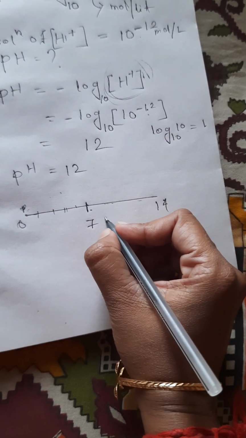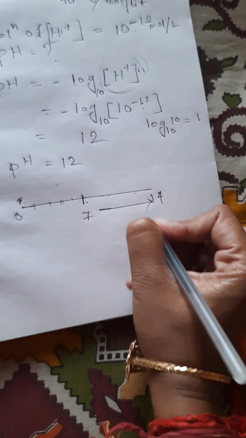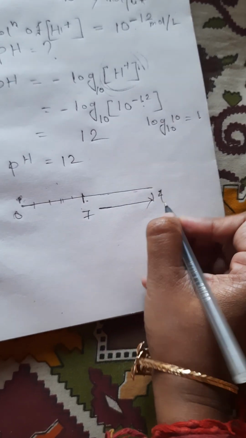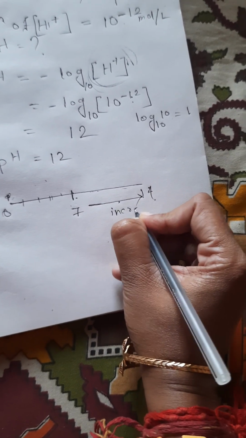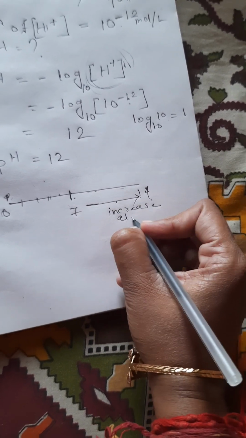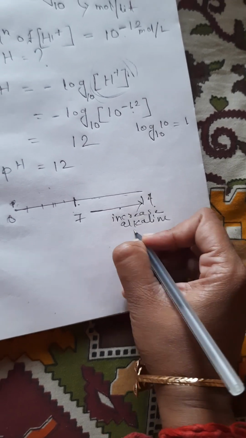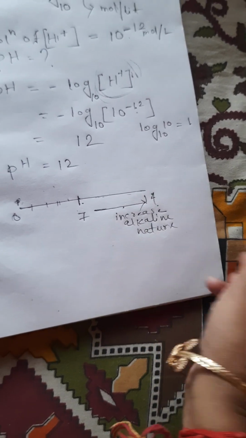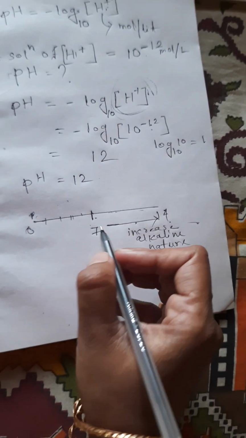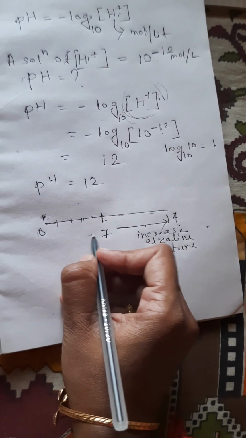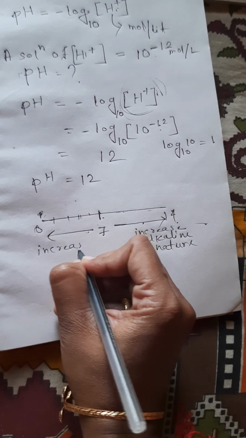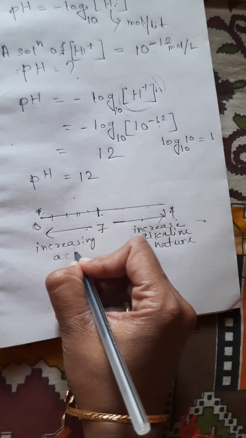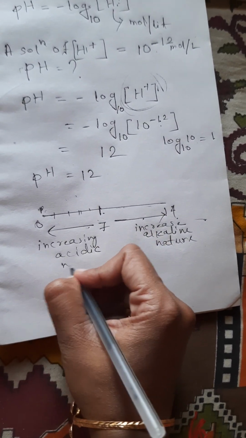When you move from 7 to 14, it denotes increasing alkaline nature. Okay, increasing alkaline nature. When you move from 7 to 0, it denotes increasing acidic nature. This is the normal pH scale.